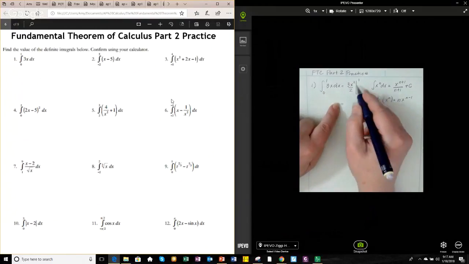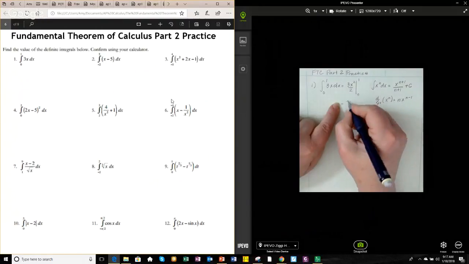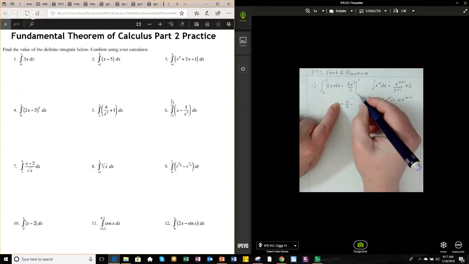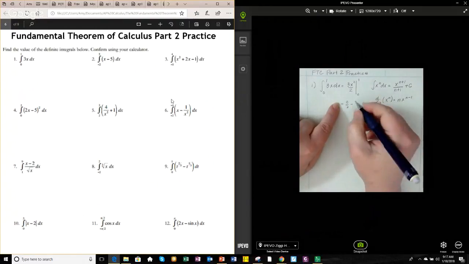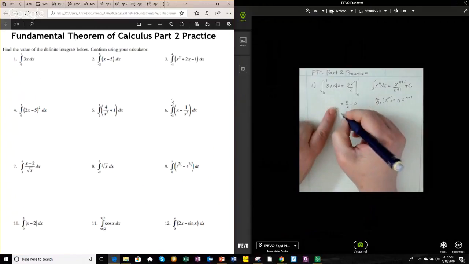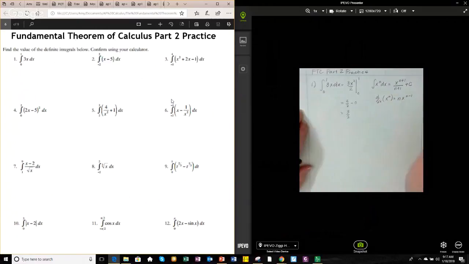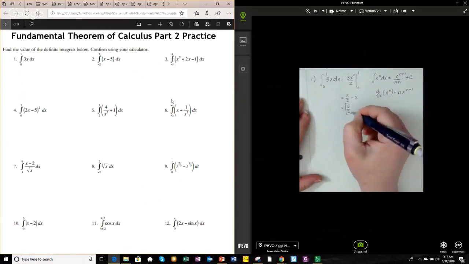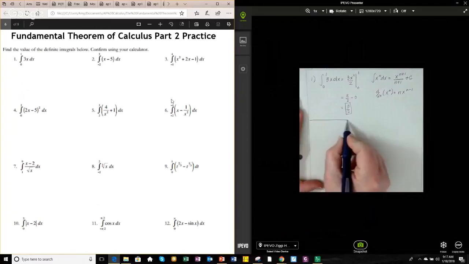And then we say, okay, well, that's going to equal, I put 1 in, so that's going to be 3 times 1 squared over 2, which is 3 halves, minus, and then I plug 0 in, and I get 0. So this definite integral is equal to 3 halves. Okay. Not too difficult.